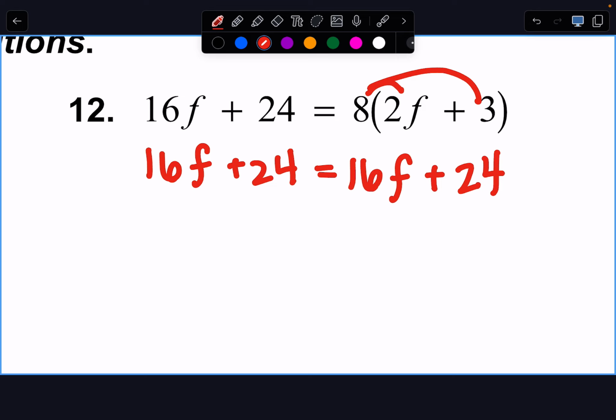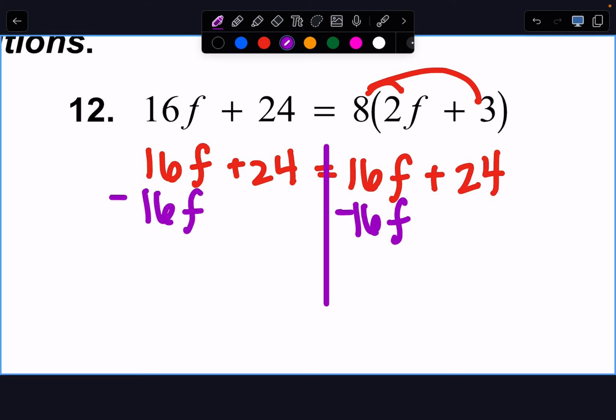Okay, so if I go to move my variables to, let's say, the left side, then how would I get this 16f to the other side, Connor? We are going to subtract 16f from both sides. And when we do, the f's on both sides cancel, and we have 24 equals 24.